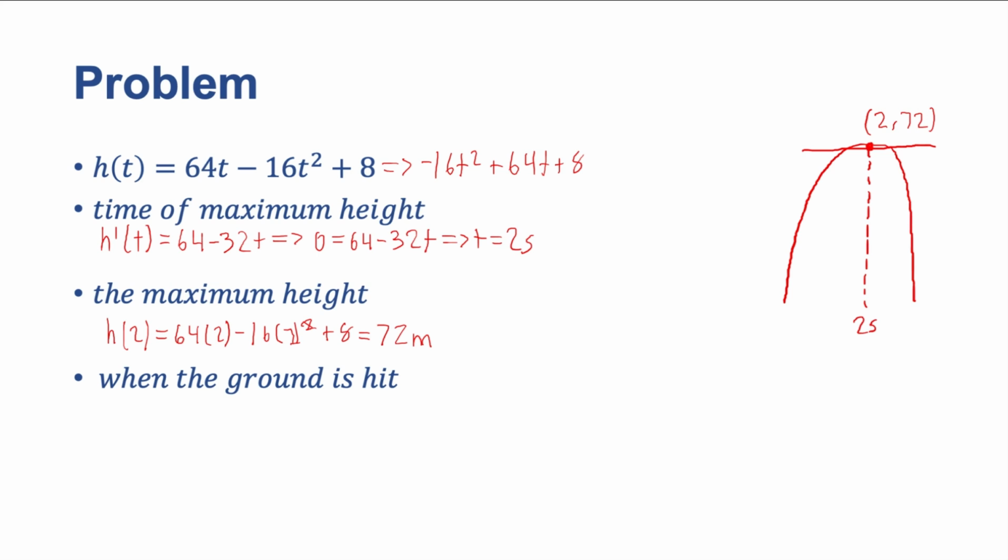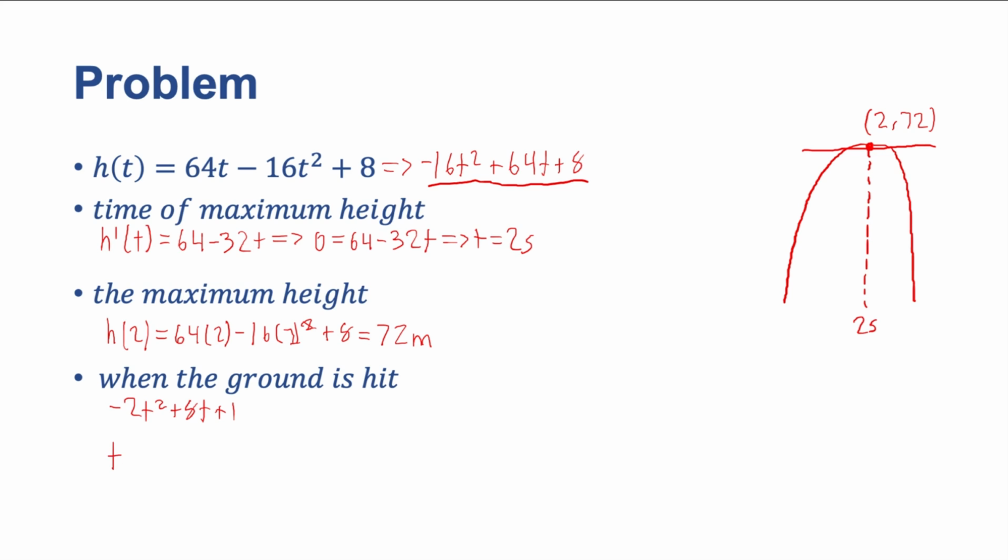Okay, so now we need to determine when it hits the ground. This is going to involve finding the zero of a parabola. I made this function look fairly nice to put into the quadratic formula, but we're going to make it even nicer by making a small adjustment. We're going to get negative 2t squared plus 8t plus 1, that way our numbers don't grow too big when we're inside the quadratic formula.